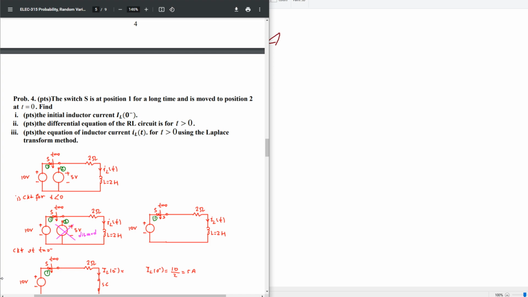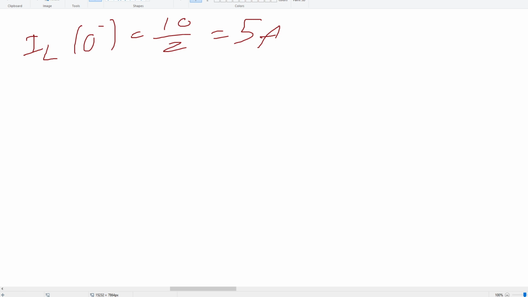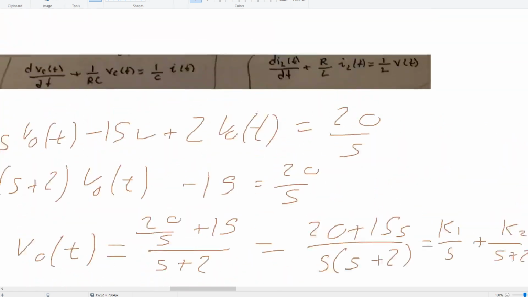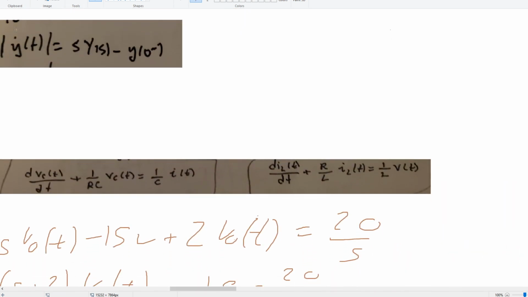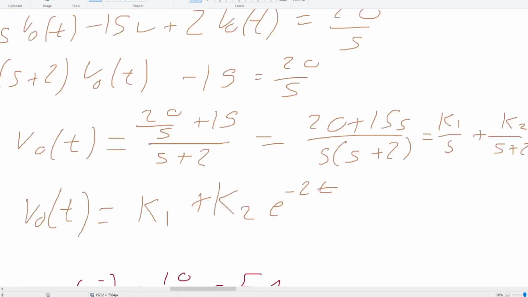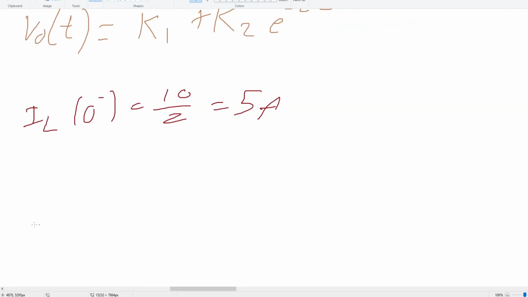So we found part 1. Now we have to find the RL circuit for t greater than 0. We're going to copy this equation up here. Okay, let's see if I can remember. dI_L(t)/dt, as I said, my L's look like C's, minus, or is it plus?